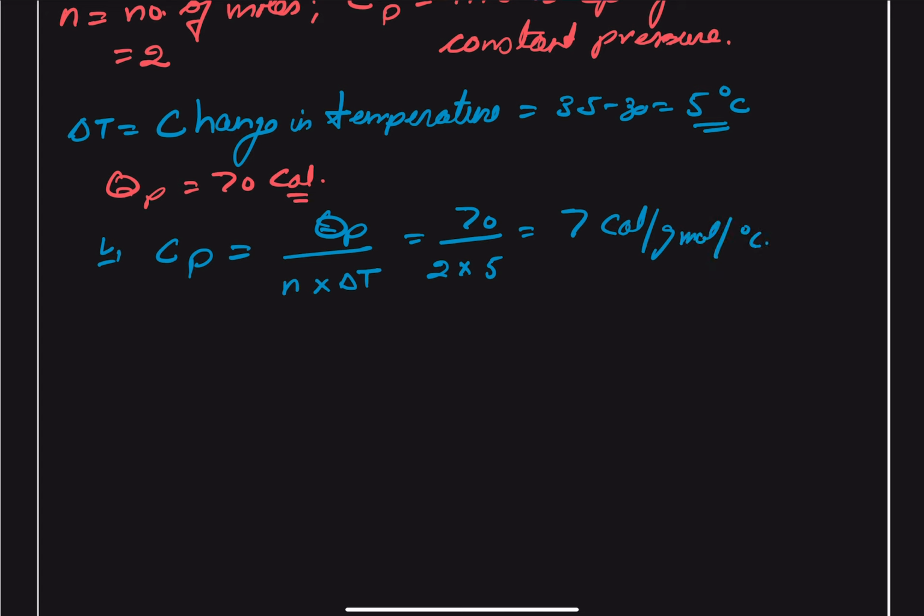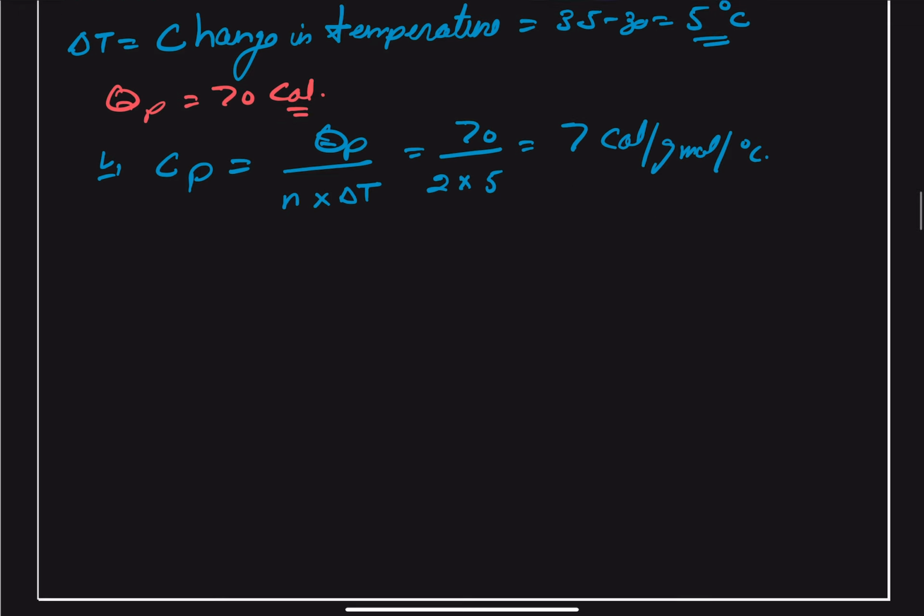Now we know the relationship between Cp and Cv for a diatomic gas. From that we can find out our Cv.